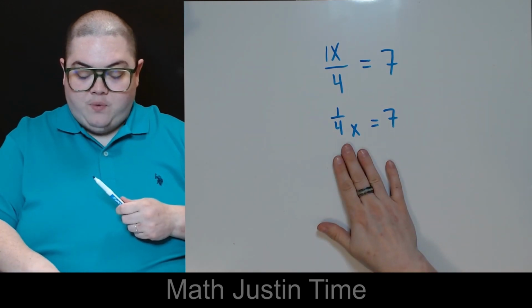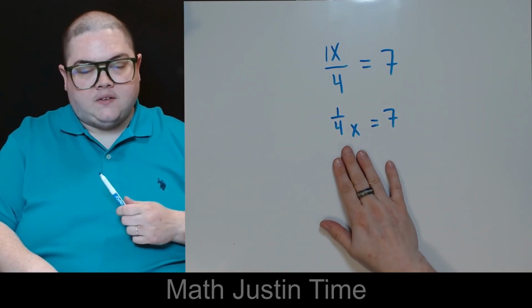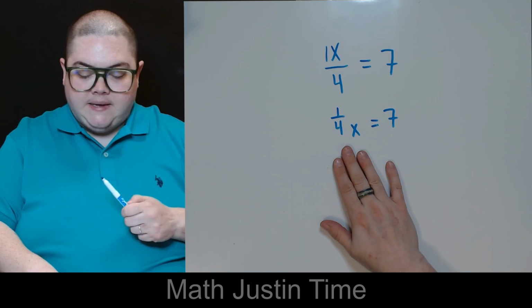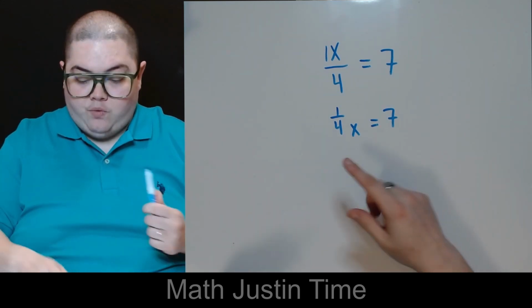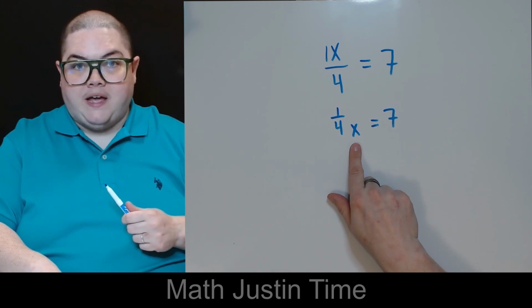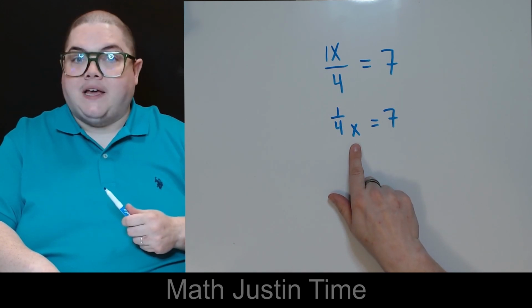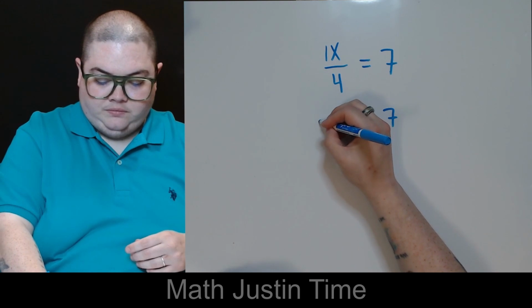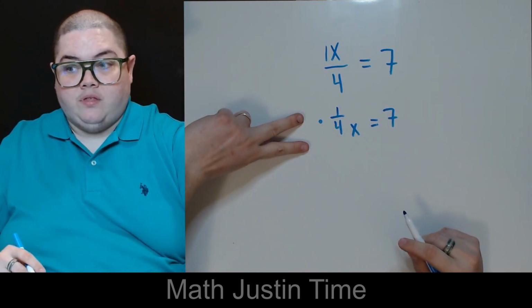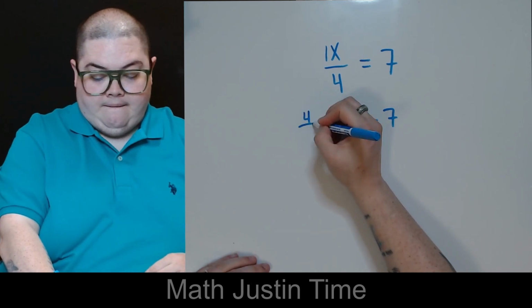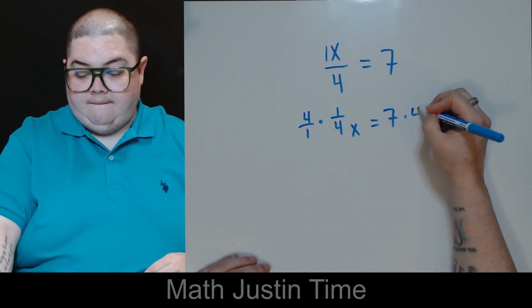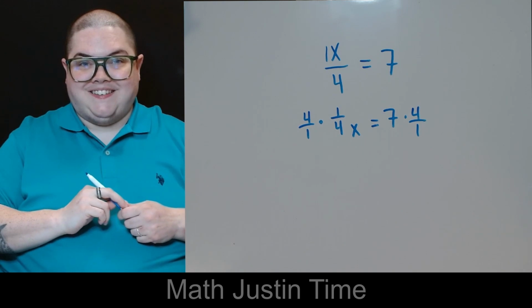Okay, so if we have 1/4 x and we need to get rid of the 1/4 so that it becomes a 1, so we can just have x by itself, we multiply by its reciprocal. So 1/4 multiplied by its reciprocal, which is 4 over 1. And we're going to do that to both sides.